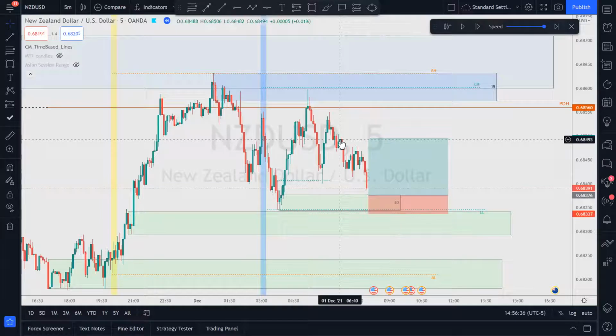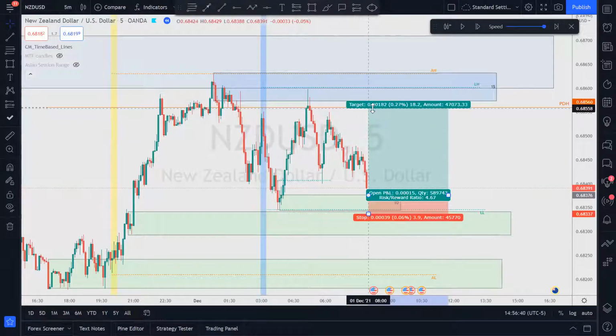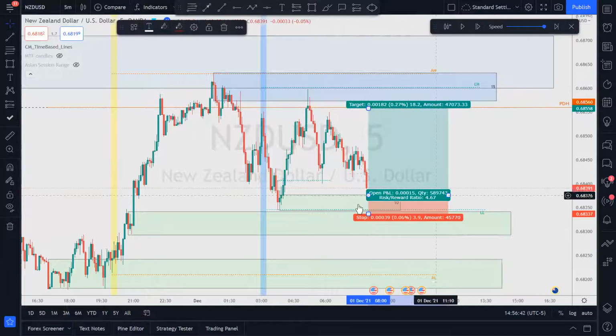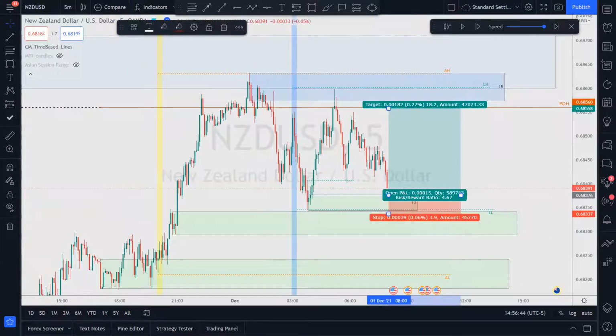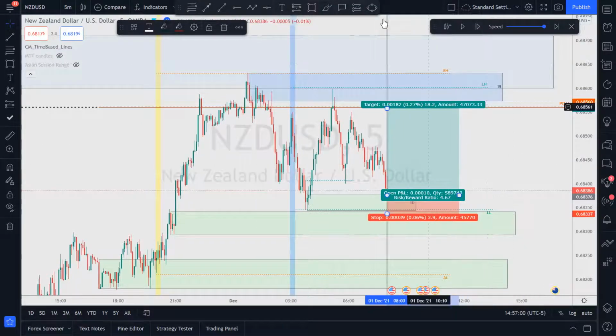All right, 3R here, and then let your runner go to the previous daily high, which I believe it will target. I think we've come back far enough into discount pricing at 61.8 that a good buy from here would be valid. All right, here goes the New York strip.